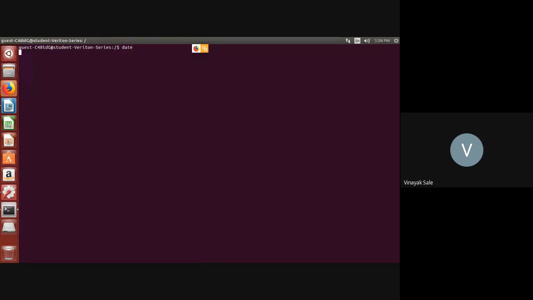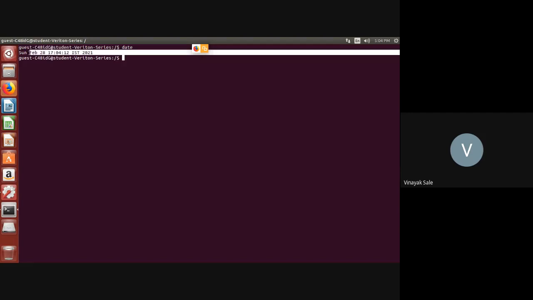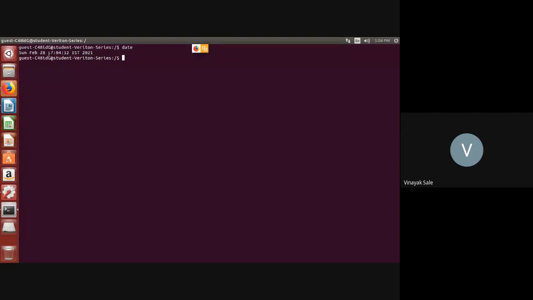It gives the day, then the month, then the date, then the present system time, then IST, that is Indian Standard Time, then the year.